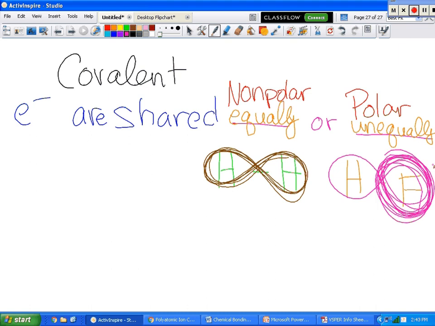Lauren, I've asked this three days in a row now. Which side, the H or the F, would be negative? Why? Perfect. It's going to gain the electron. So we have partial positives and partial negatives, which creates the polar aspect of it. If you can understand the basics of this, everything else should go a long way.